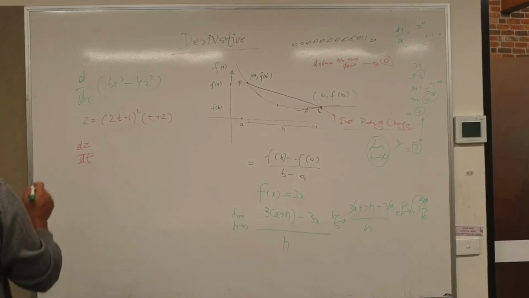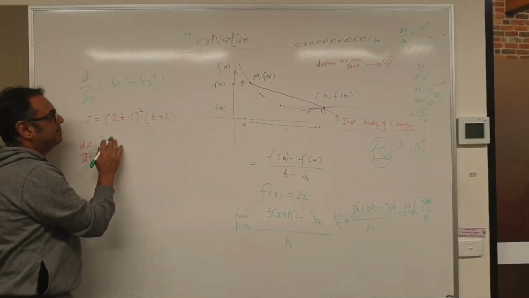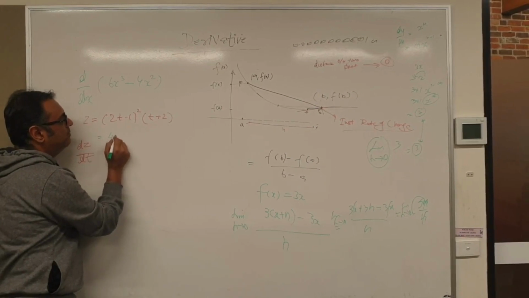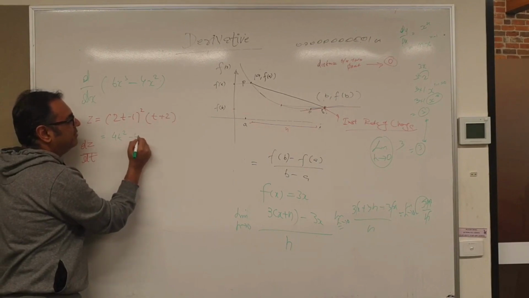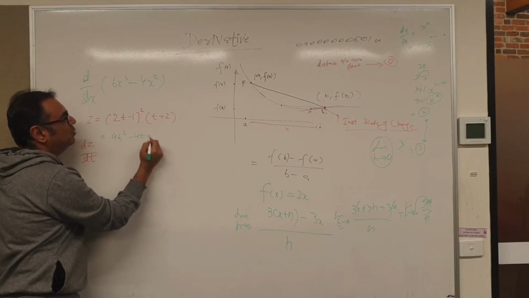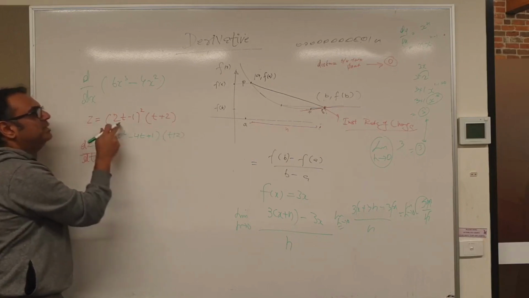Alright, let's expand this out, please. Tell me. So the first part is 4t squared. Good job. Minus 4t plus 1. Minus 4t, 2ab, yeah, correct. Plus 1, good. Did you know, guys, what he's done?